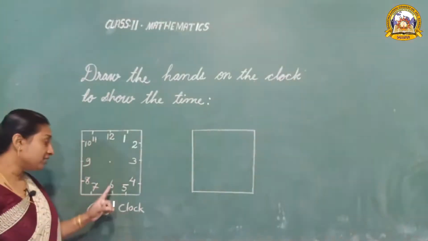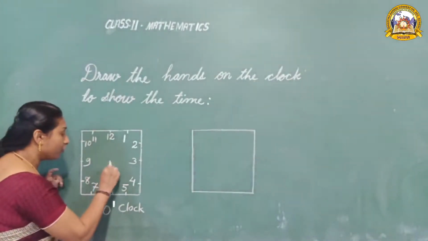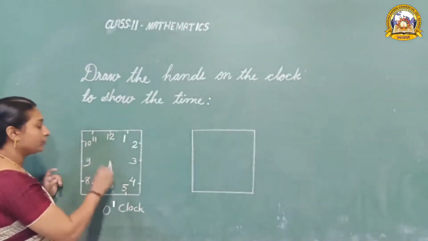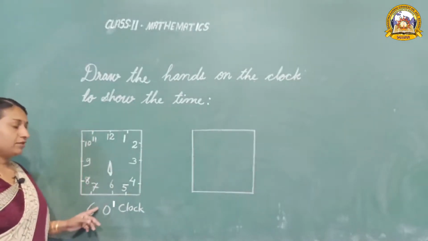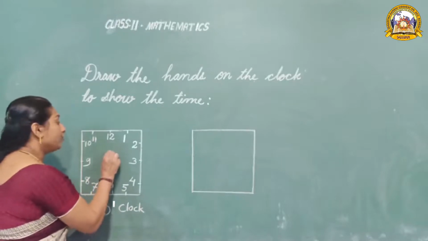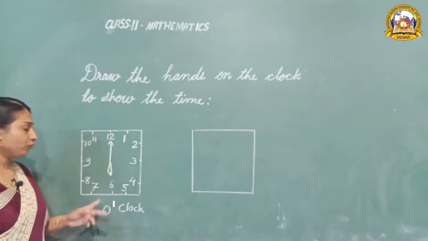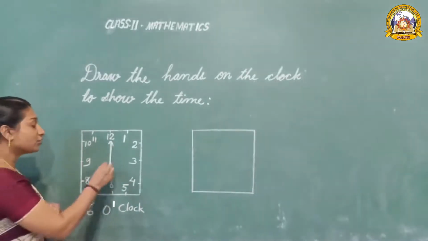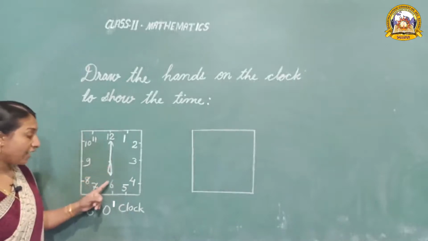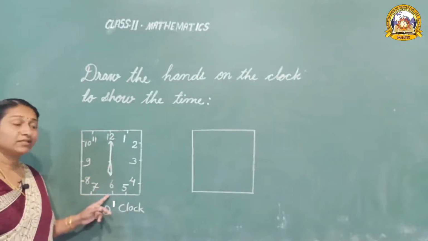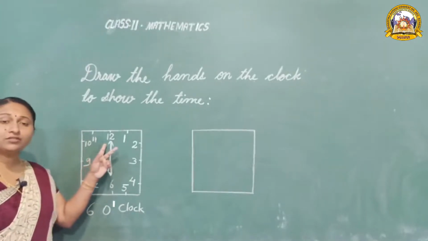It should be at 6. Okay, let us draw. Next, the minutes hand should be at 12. Now we can say 6 o'clock. Okay, the hours hand should be at 6 and the minutes hand should be at 12.